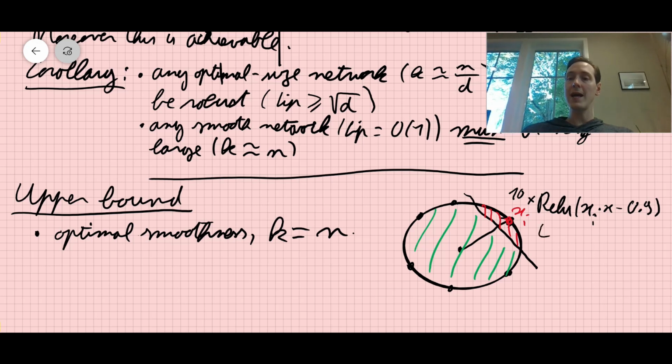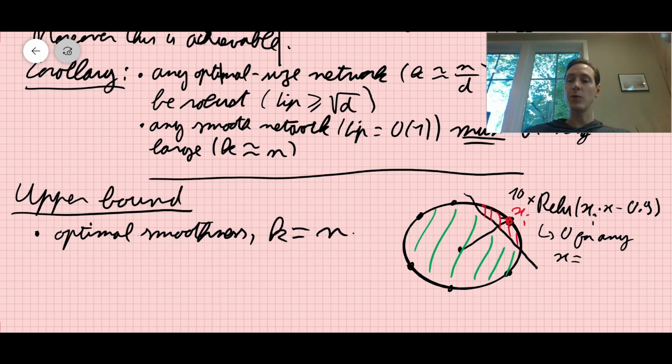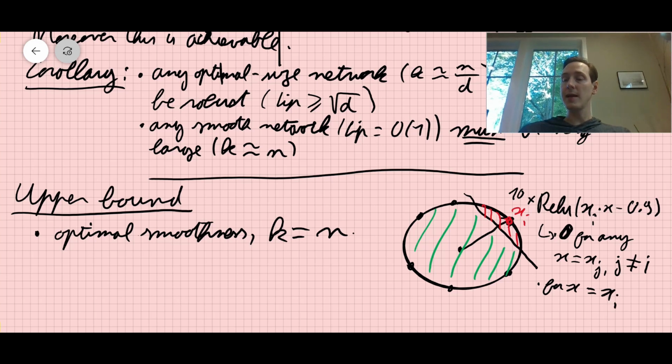So this outputs 0 for any x equals xj, j not equal to i. So for any point in the data set which is not xi, this neuron will give you 0. It will just not activate. And for x equals xi, what happens? You get xi.xi, which is 1, 1 minus 0.9, times 10, 1. So for x equals xi, it returns 1.